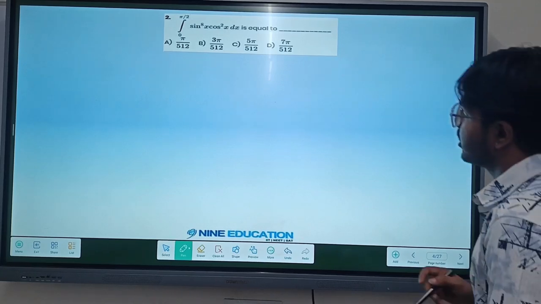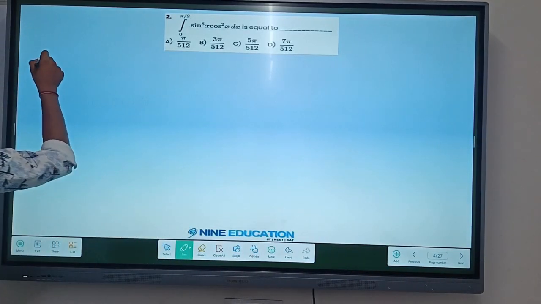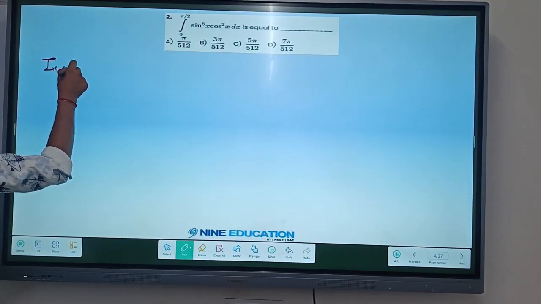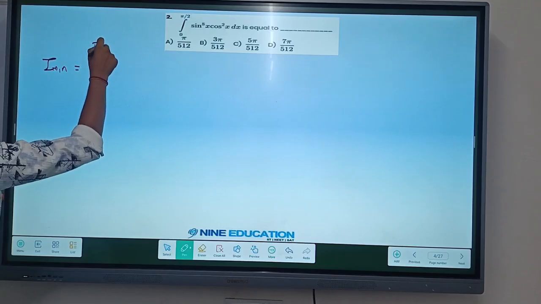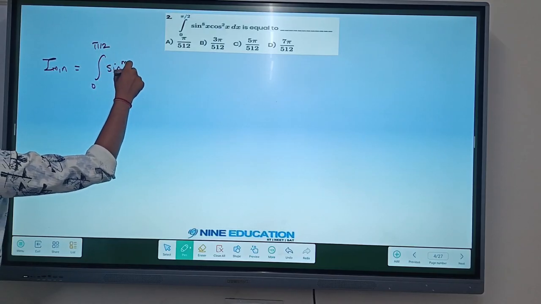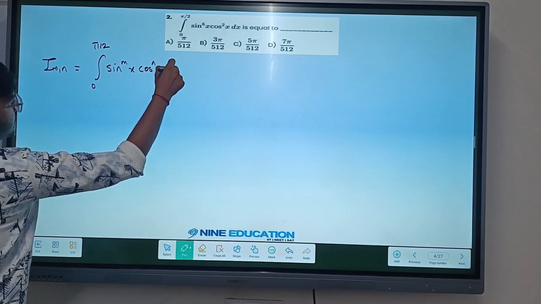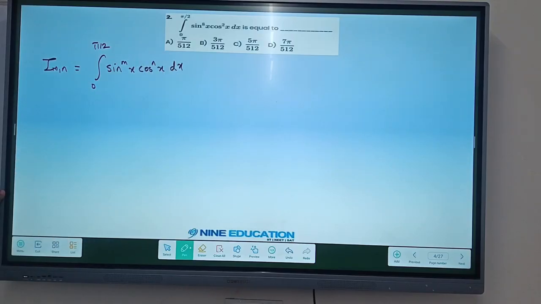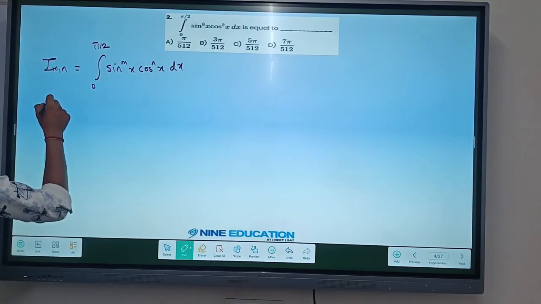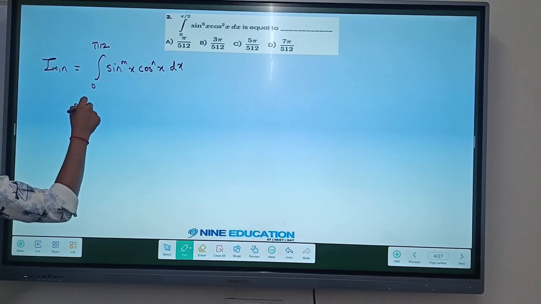Okay, so next question based on definite integral. If I have Imn as integral from 0 to pi by 2 of sin power m x into cos power n x dx, I can use Wallis's formula or reduction formula, both are the same thing, for this, where m and n both are even.